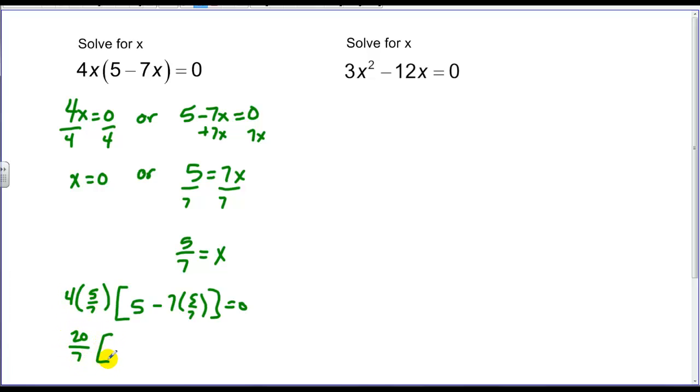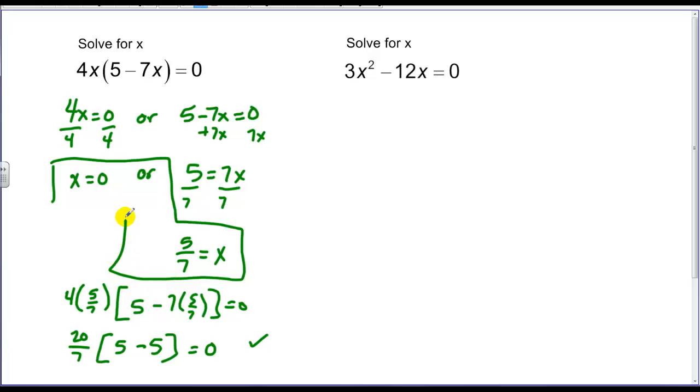And then I have 5 minus 5. 5 minus 5 is 0, and 20 over 7 times 0 is 0. So it checks out. So my answers are x equals 0 or x equals 5/7.